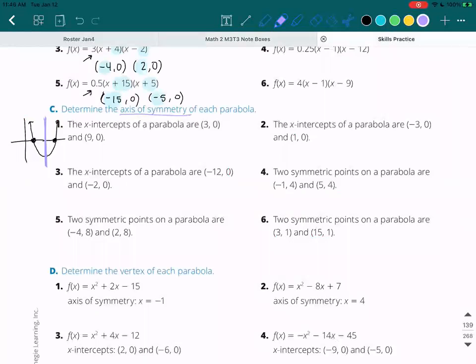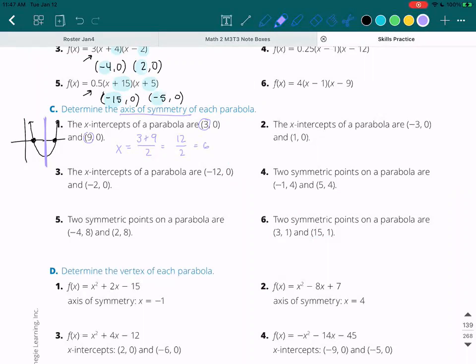So that means our equation for our purple line is x equals (3 plus 9) divided by 2. Literally just add it together and divide it by 2 so that you can get the halfway point between it. So 3 plus 9 is 12. So 12 divided by 2 is equal to 6.